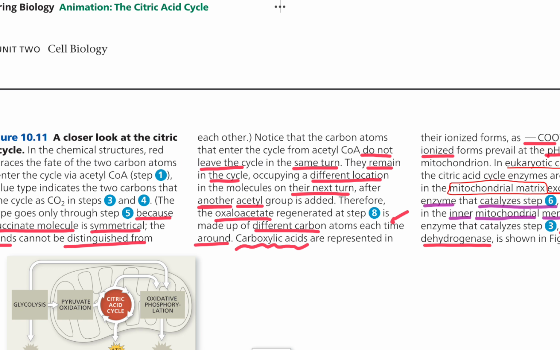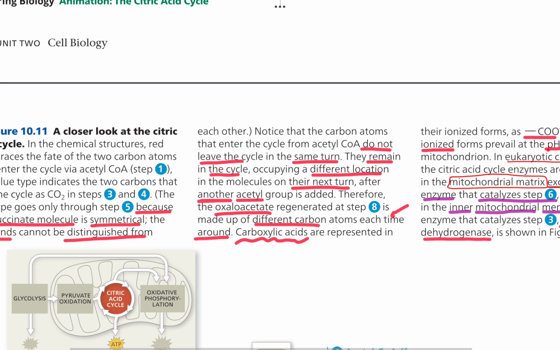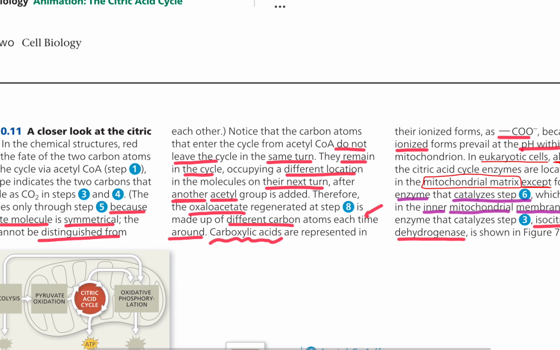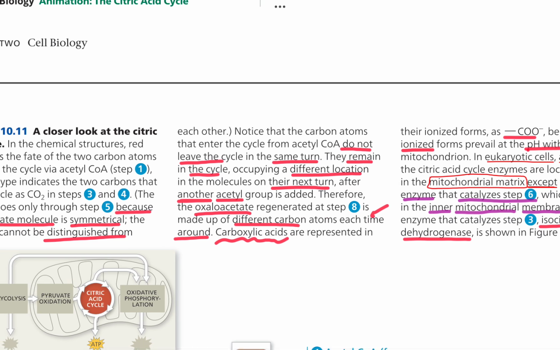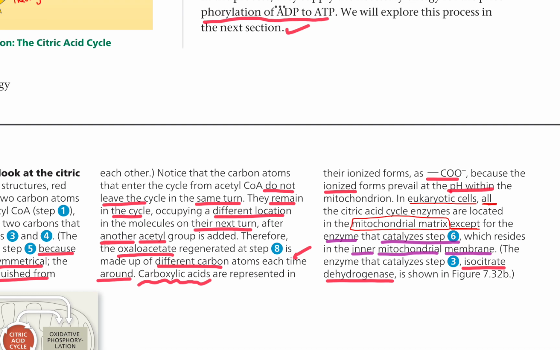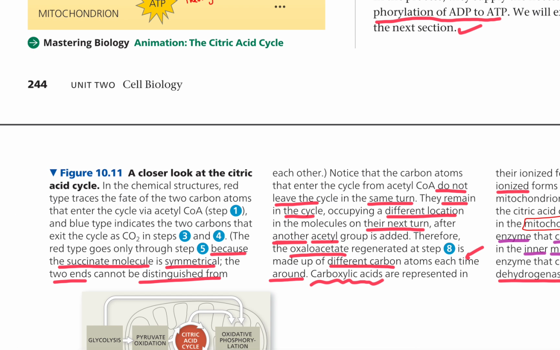But what we do know for a fact is that these carbons do not leave the cycle together at the same time. One might remain and take part in different parts of the cycle, and another can leave, and we can't tell for sure because both of them are part of a symmetrical molecule, that is the succinate.